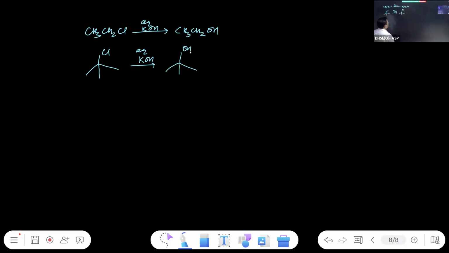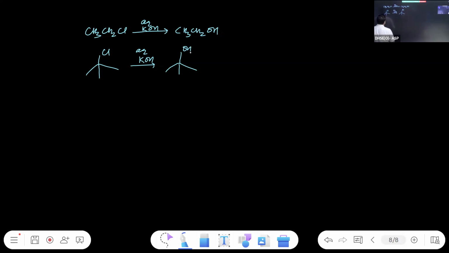Then suppose it is SN1. SN2, then SN1. Complete. So this is all about the preparation of alcohol.